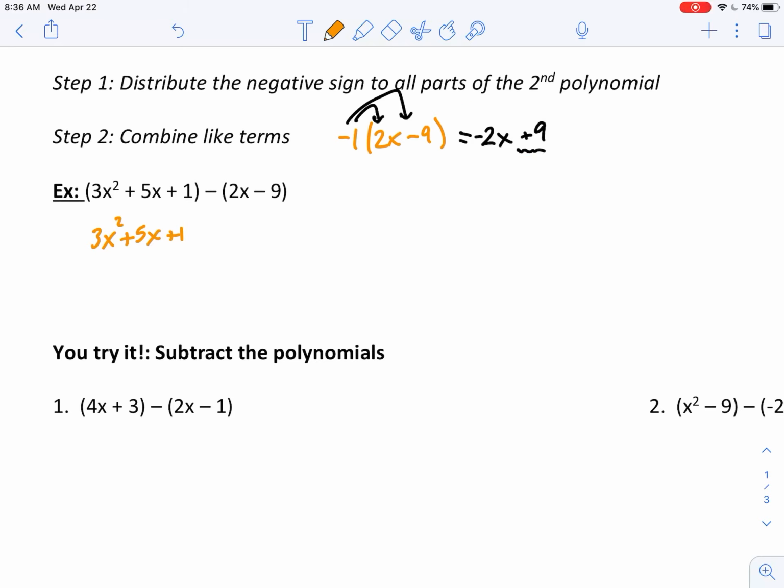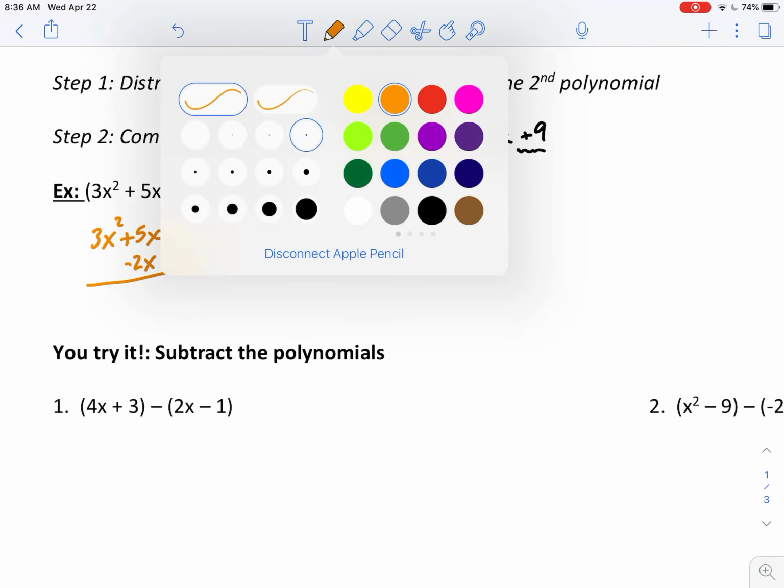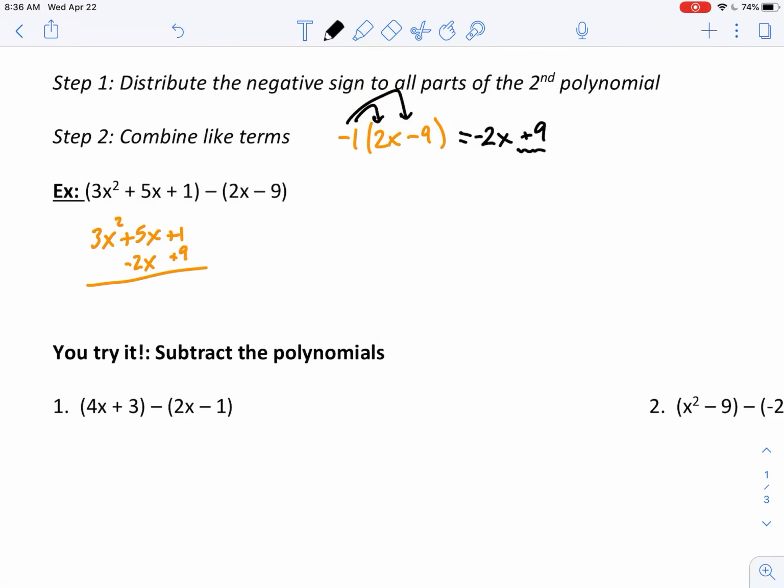So after we've done that, we'll just combine our like terms. So this is like saying 3x squared plus 5x plus 1, and this is a negative 2x now, like we saw over here. Now that's a negative 2x.